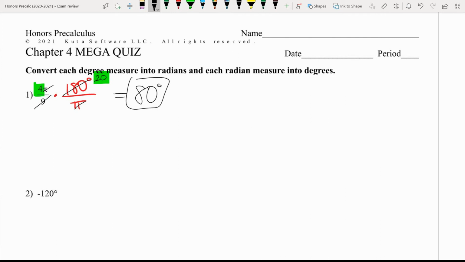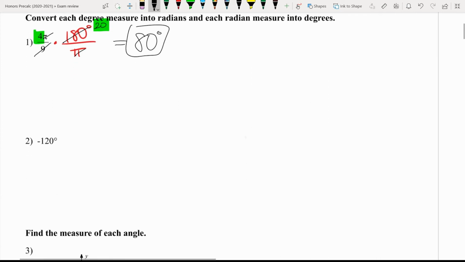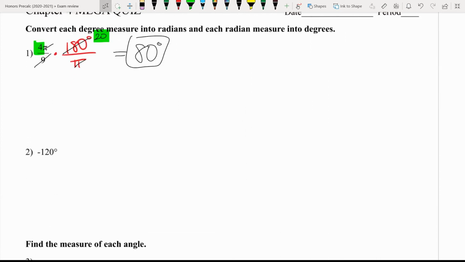Okay. Let's go down here to this one. This one I got to convert it into radians. Now, you might recall that 60 degrees is pi over 3. So really, I could look at this as two 60-degree angles here, except negative.